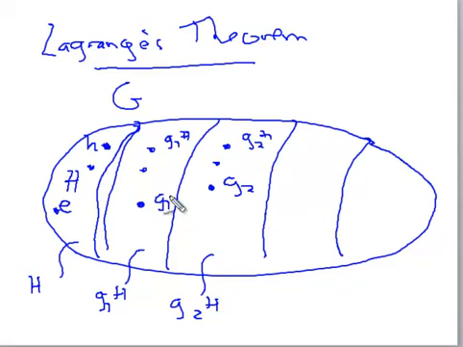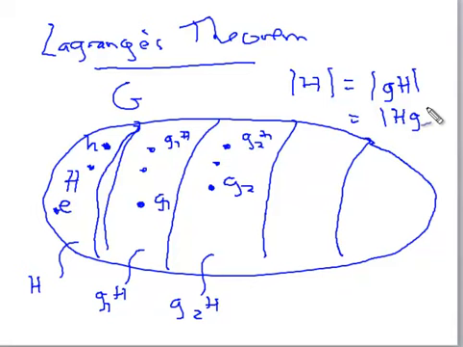What does that mean? That means that each coset has exactly the same number of elements as H. So I can write that the number of elements of H is equal to the number of elements of GH for any coset. And that's also true for right cosets, so the number of elements of H is equal to the number of elements in any right coset.